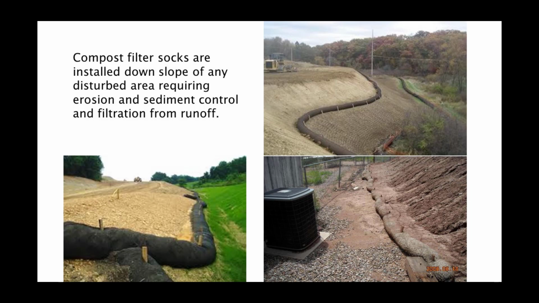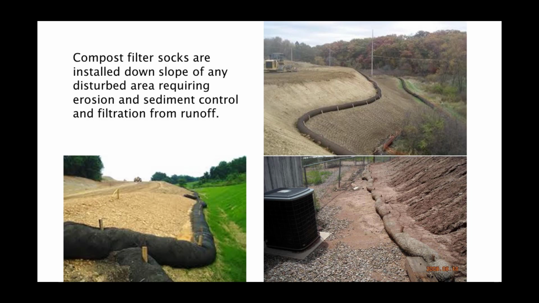On the left-hand side, the lower side, you can see where the filter sock is working very well. They have mulched the area above the filter sock. They have staked it down properly and it's working. On the upper right-hand side photo, you'll see another double layer of compost filter socks on the upper side.